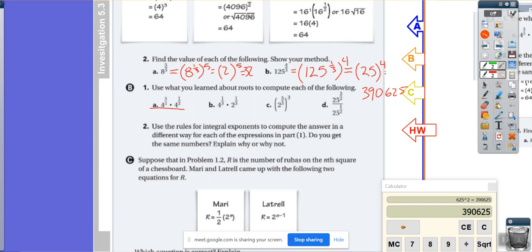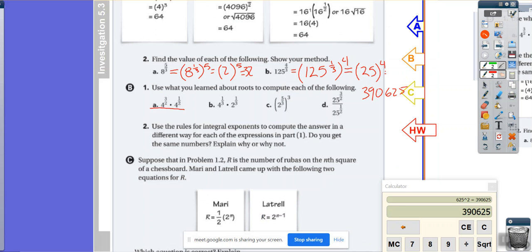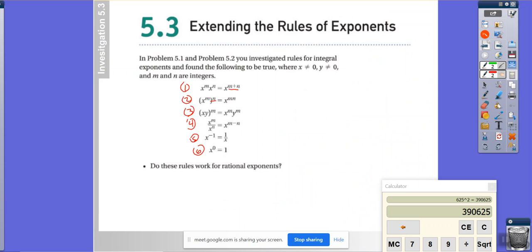Okay. In rule 3, we have different bases. We have an x and a y, but the same exponent. So do we have the same exponent but different bases here? No. We have the same base and different exponents.